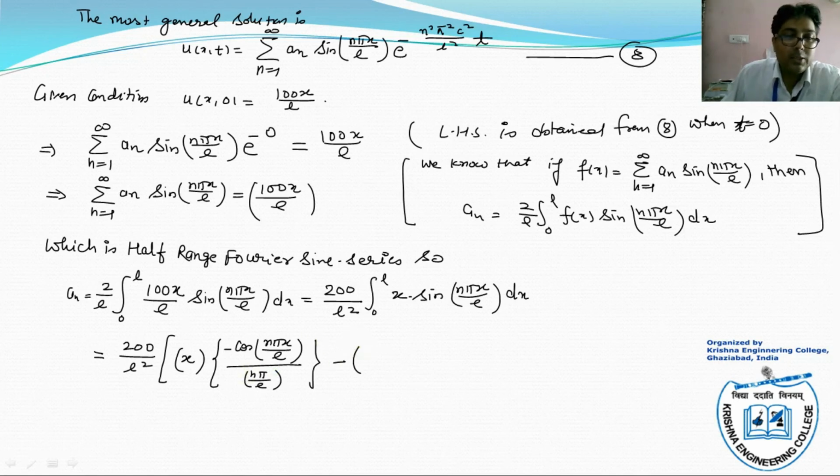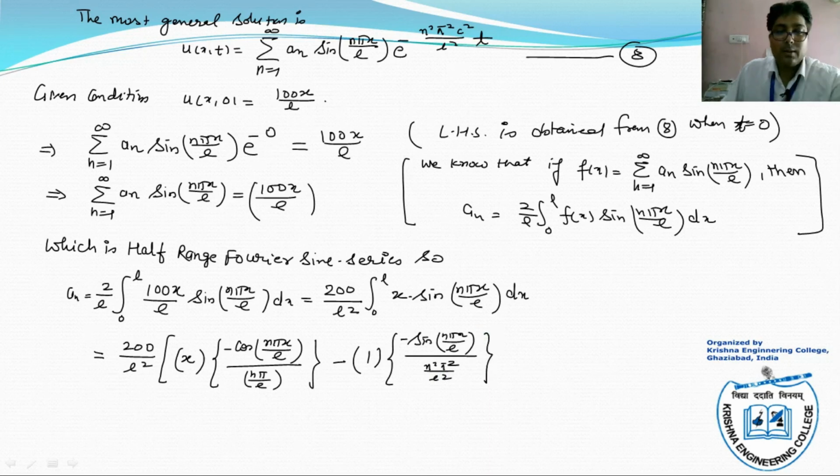Minus differentiation of first function, that means differentiation of x is 1, integration of second function, again this is minus sin(n pi x by L) upon n square pi square upon L square. Clear? Bracket close, 0 to L.